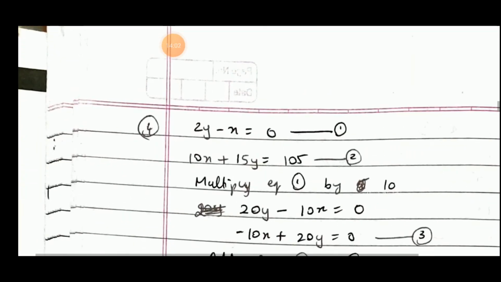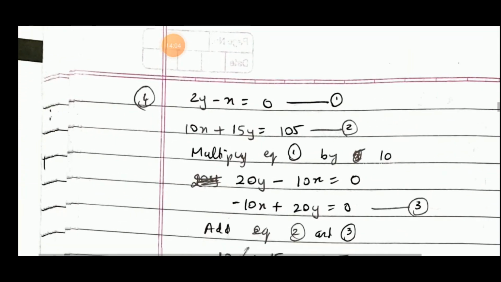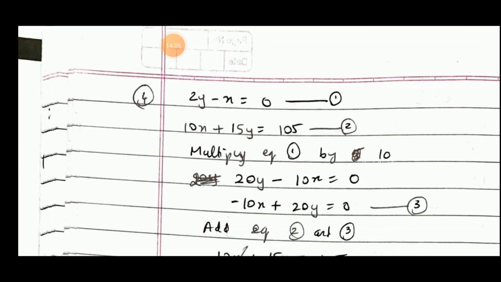Now let us see equation number 4. 2x minus y is equal to 0, 10x plus 15y is equal to 105. So here multiply equation 1 with 10. So that becomes 20y minus 10x is equal to 0, and minus 10x plus 20y is equal to 0 is the third equation.